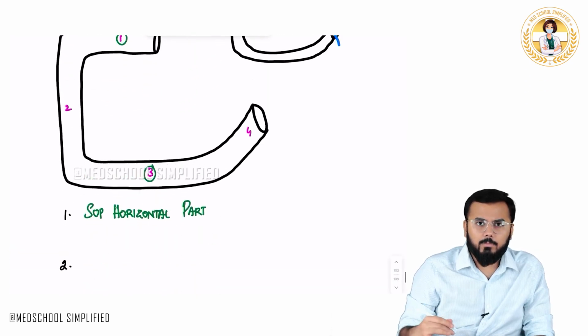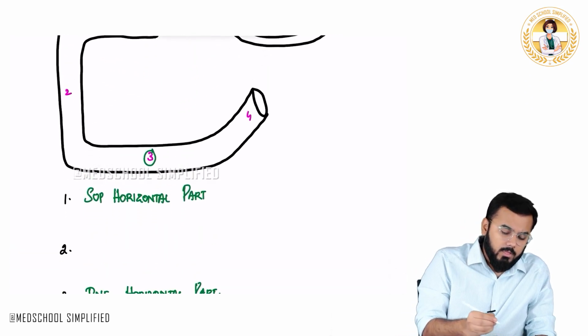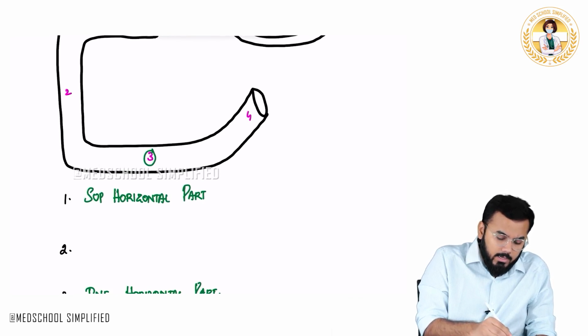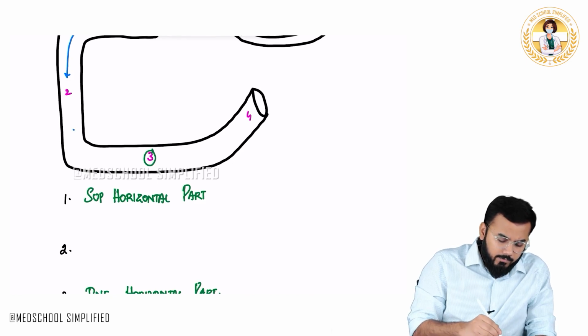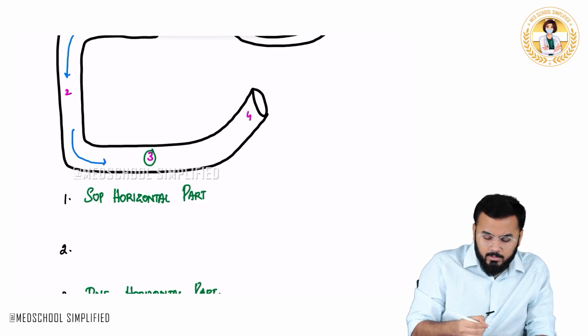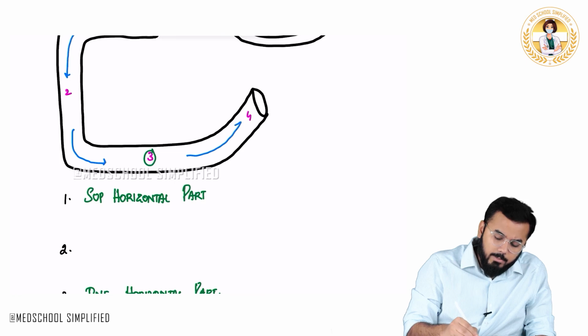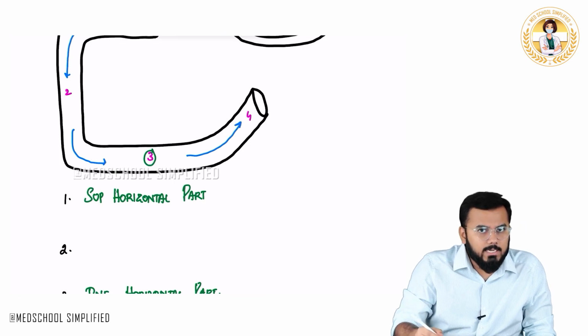Now coming to the second part. Look at this. The superior horizontal part comes down all the way like this into the second part. When it is coming down, the second part is a descending part. From the second part it enters into the third, and from the third again it goes up. When it is going up, it is called the ascending part.